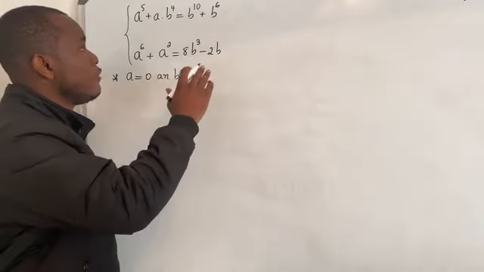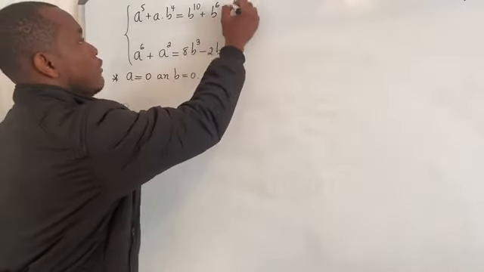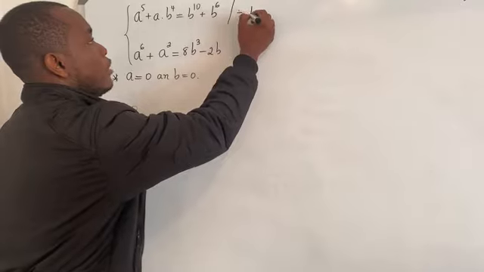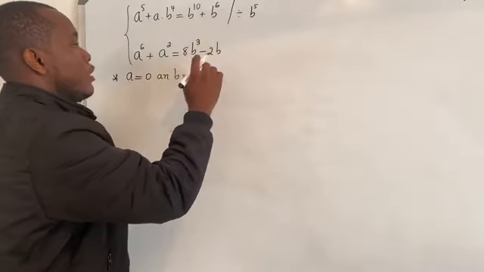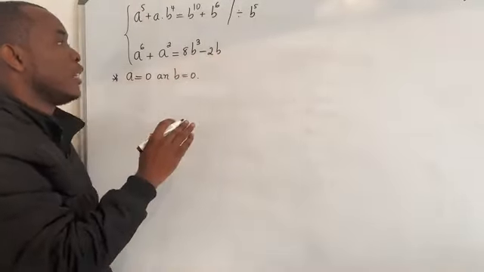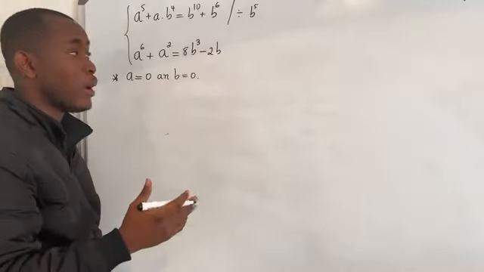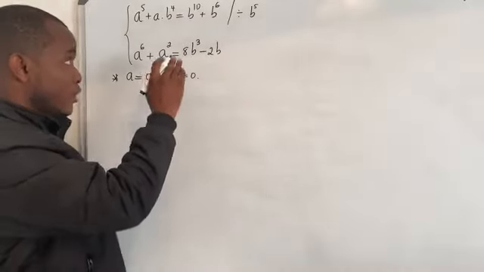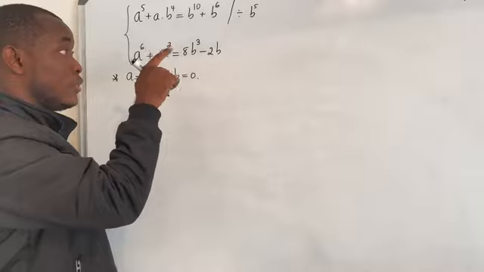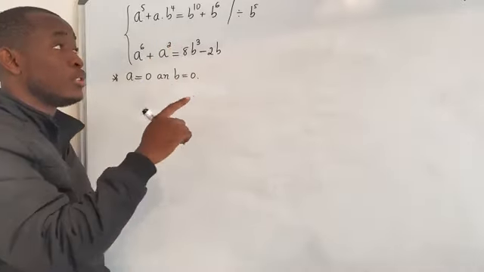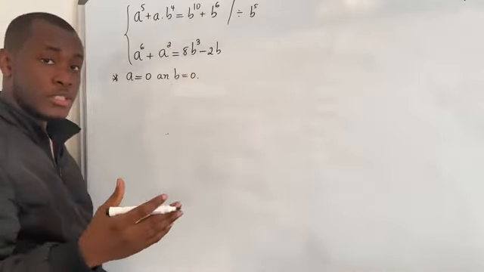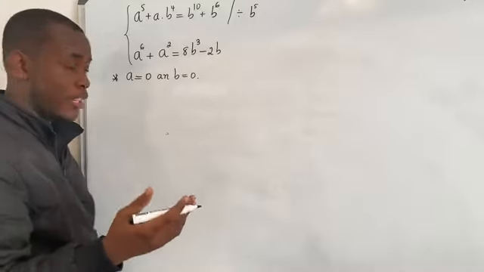Then let's divide the first equation by b to the power 5. If I'm considering that there is another solution whereby b is not 0, then I have to state that b is different than 0, because I'm dividing the whole expression by b to the power 5.